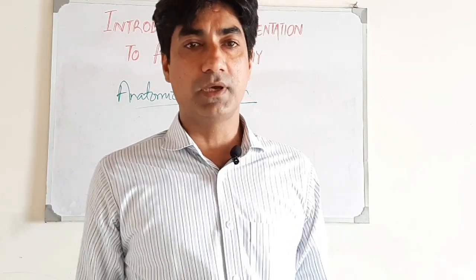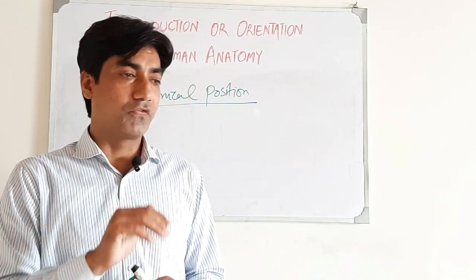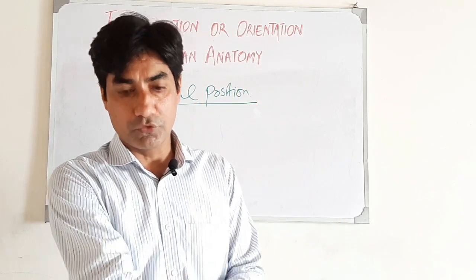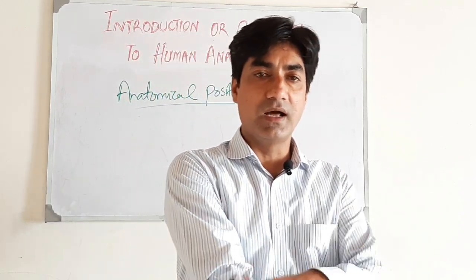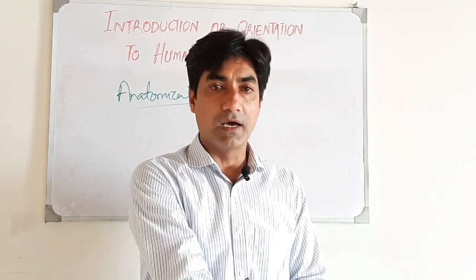We cannot describe the structure without anatomical position. When we see the forearm, these two bones, ulna and radius, are parallel to each other. The radius is lateral to the ulna in supine position, when the palm faces upward.